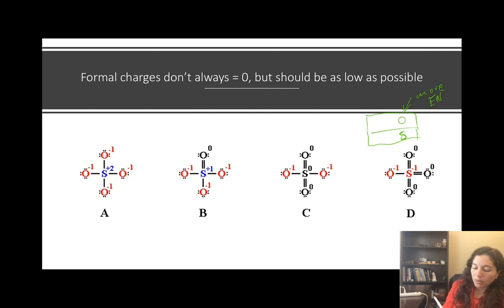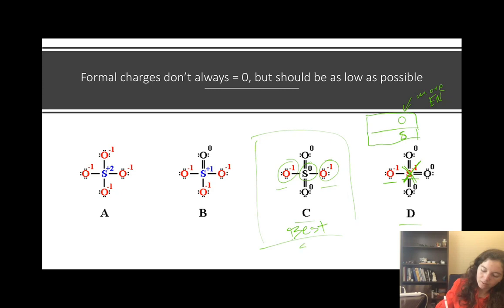So out of these two structures, which one would be best? You see here that sulfur has the 0, and we've got the 2 minuses on the oxygens, whereas here we've got an oxygen minus and a sulfur minus. We don't want this because oxygen is more electronegative. It pulls harder. So if we can have the minus charges on the oxygen, that's going to be best. So this is the best structure out of all of these.